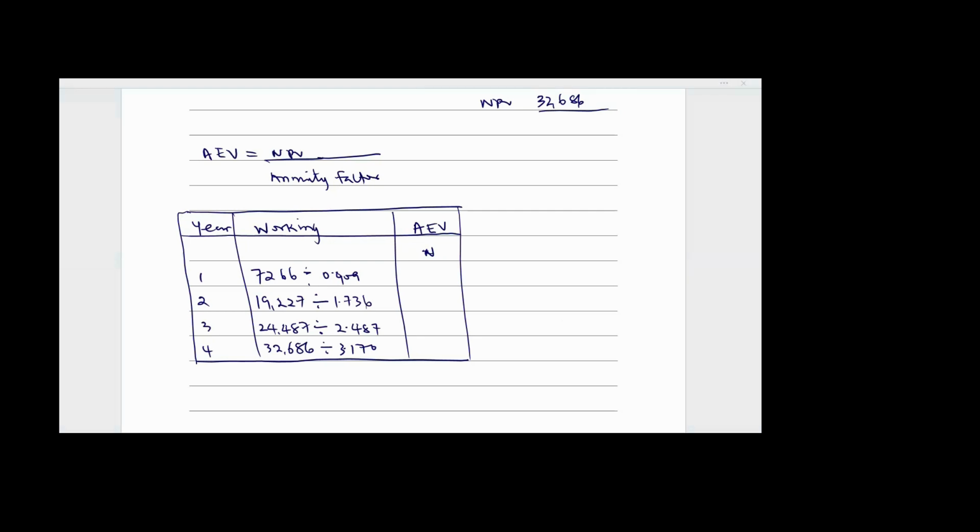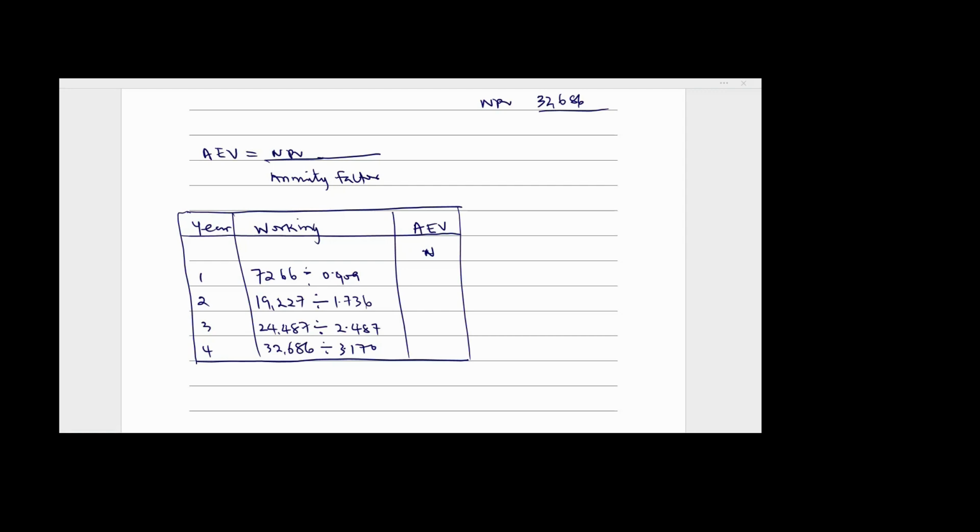What's the annual equivalent value for year 1? For year 2, 10,311.